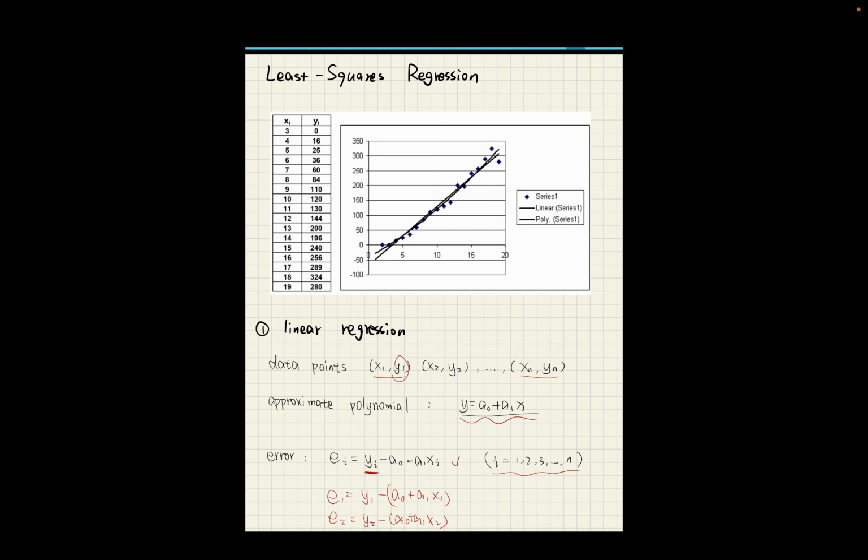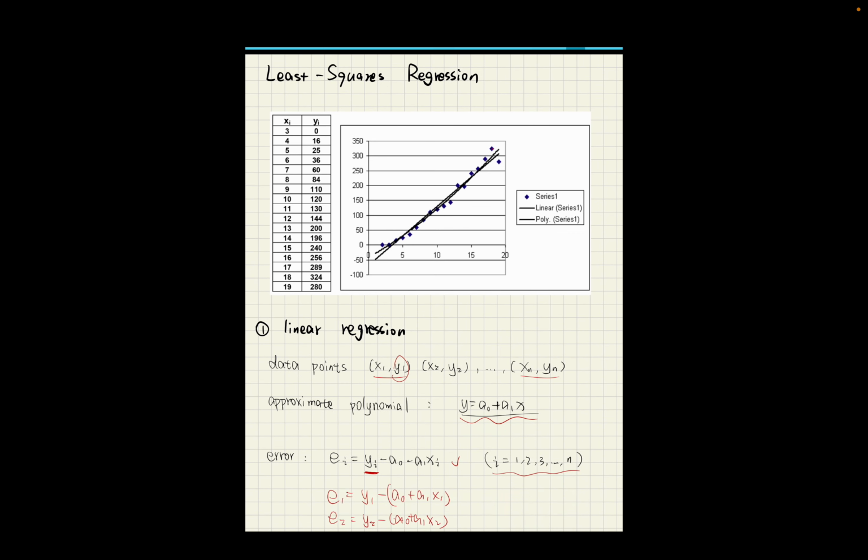n is the number of points we have, because where did n first appear? Here, right? xn, yn. From x1, y1 all the way to xn, yn, which means we have a total of n points.